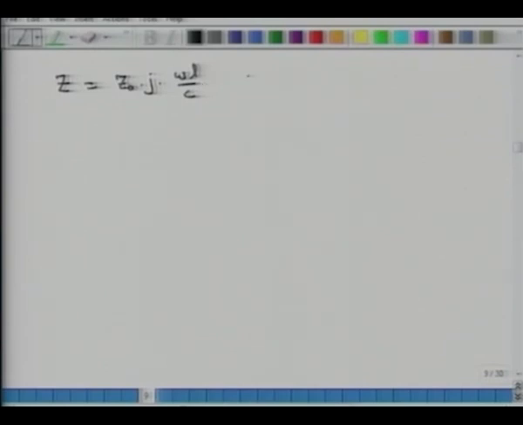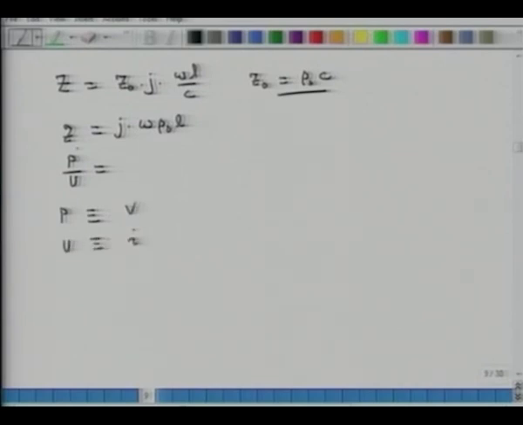Now we know that Z naught is rho naught c. So once I introduce this relation, I get Z equals j times omega rho naught L, where rho naught is the density of air, and this is basically P over U. If I equate P to be similar to voltage, and U similar to current, then this relationship looks like the relationship for an inductor, because there is a j omega here.